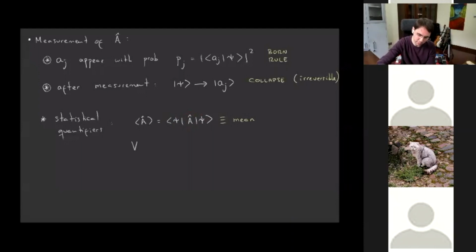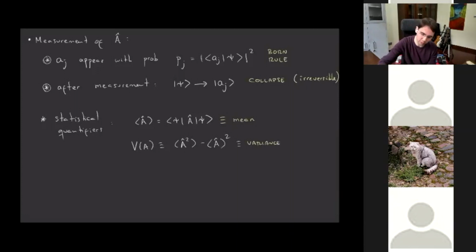Then the second object I want to mention is what we will call the variance, that is defined as this: the expectation value of the square of the operator minus the square of the expectation value. As I said, this we call the variance.